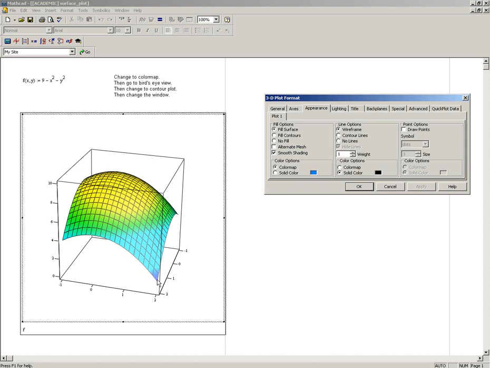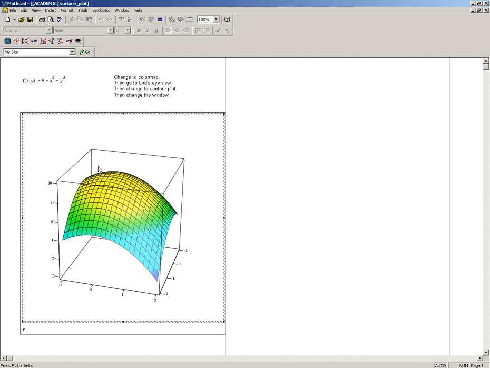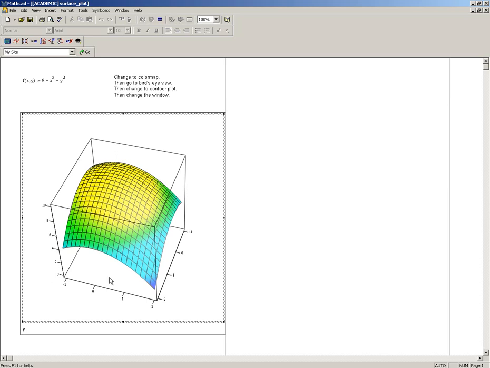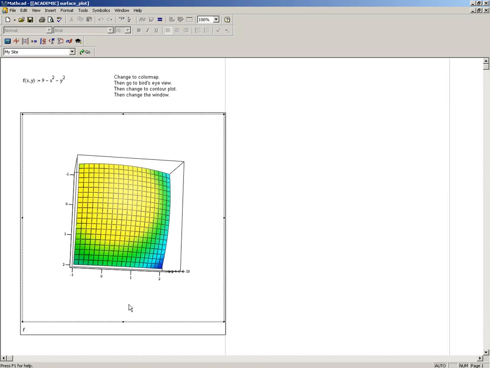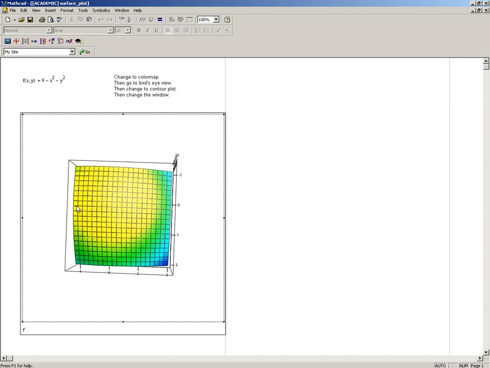It uses cool colors to show regions that are lower down, and it shows warmer colors for regions that are higher up. And so now, if we were to again go into the bird's eye view, we would get a bit of a better impression as to what this thing looks like, because now we know this is lower down and this is higher up.